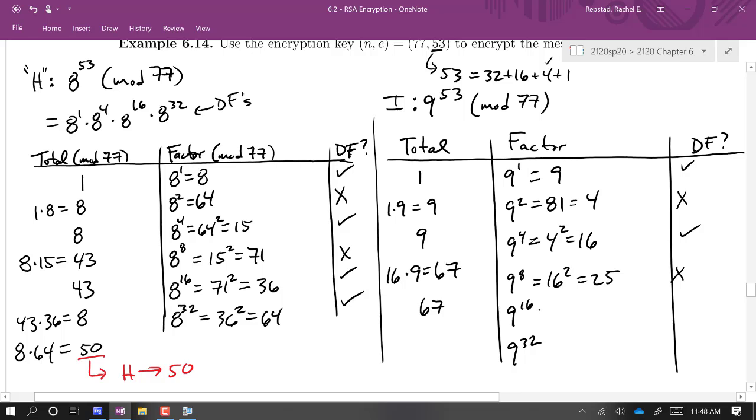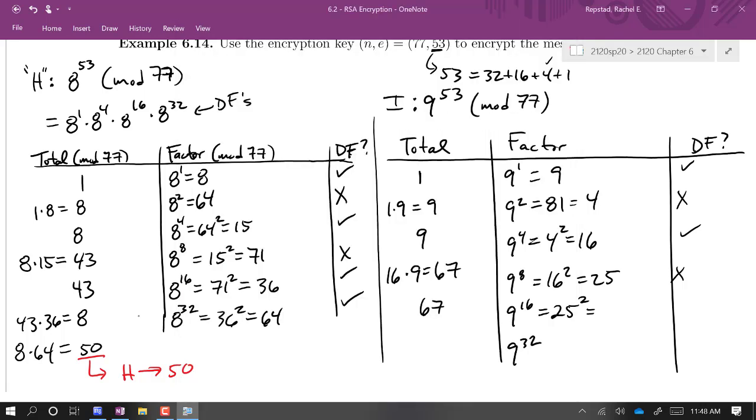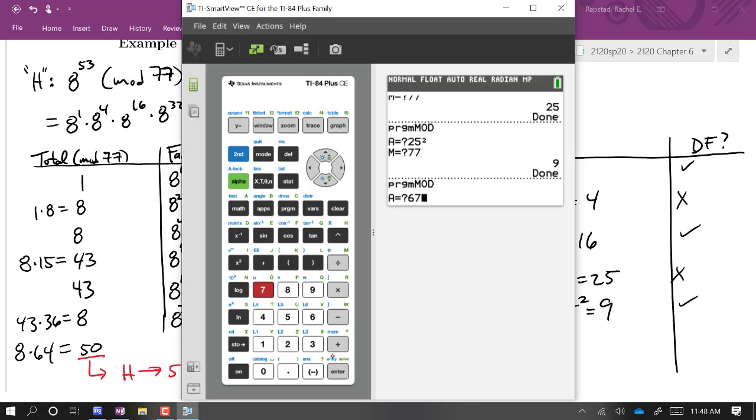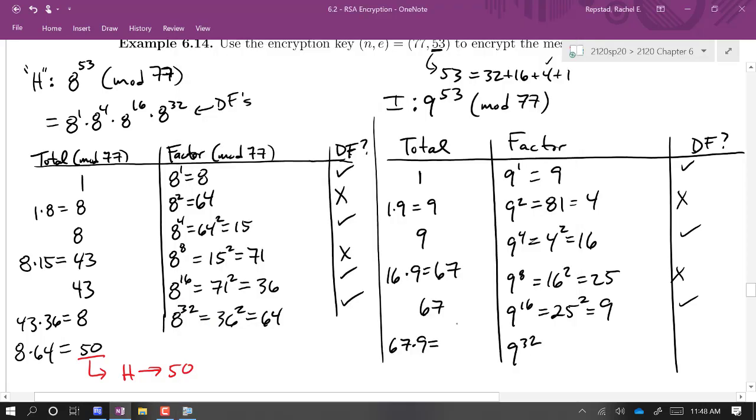Then 9 to the 16th, that's 25 squared. That's 9. And 9 to the 16th is a desired factor, so 67 times 9 mod 77 is 64. And then 9 to the 32, that is 9 squared, which I already figured out is 4.